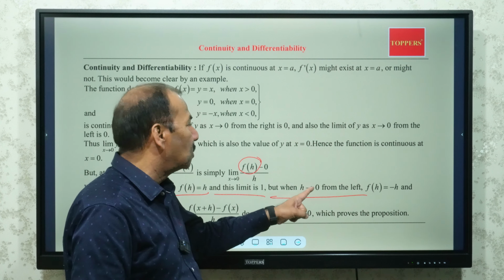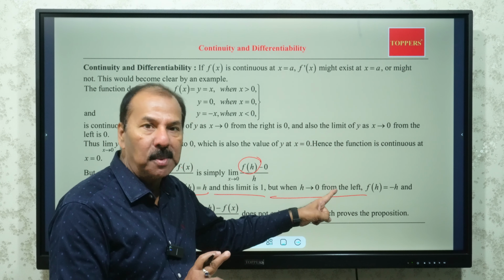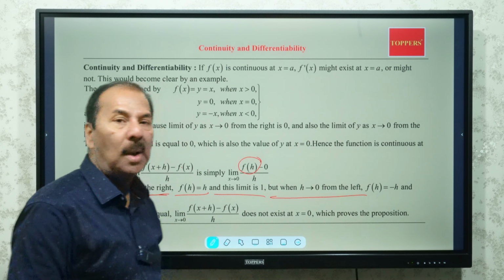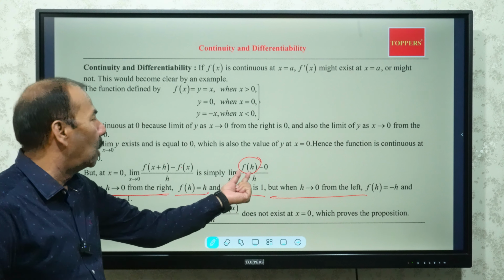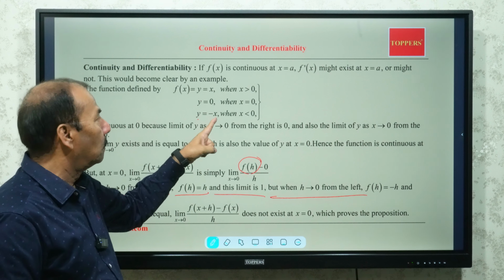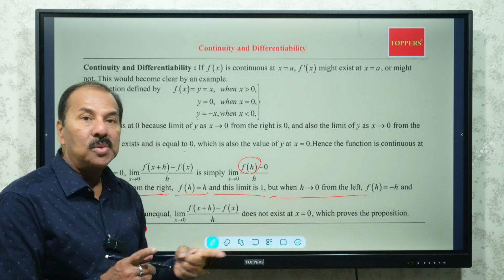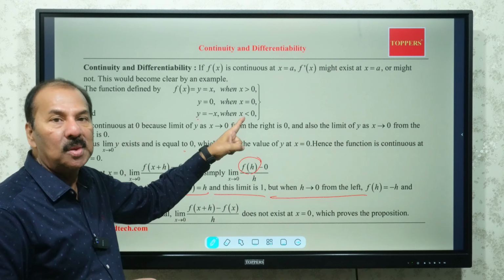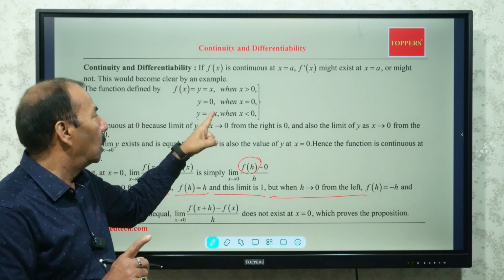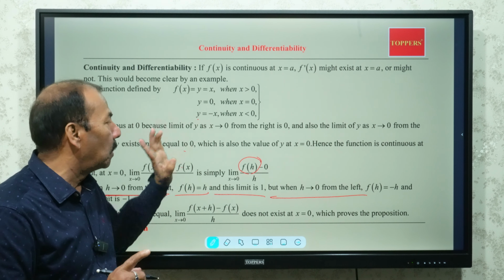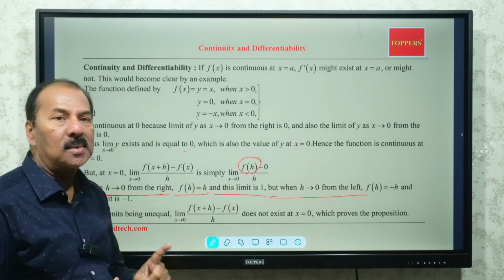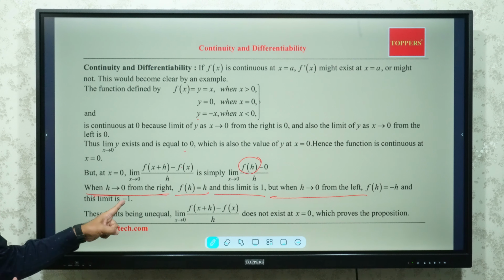So when we consider h tends to 0 from the left, f of h will be equal to minus h, because in this interval y is minus x. When x is replaced by h, this will become minus h. So minus h upon h becomes minus 1. So it is equal to minus 1.